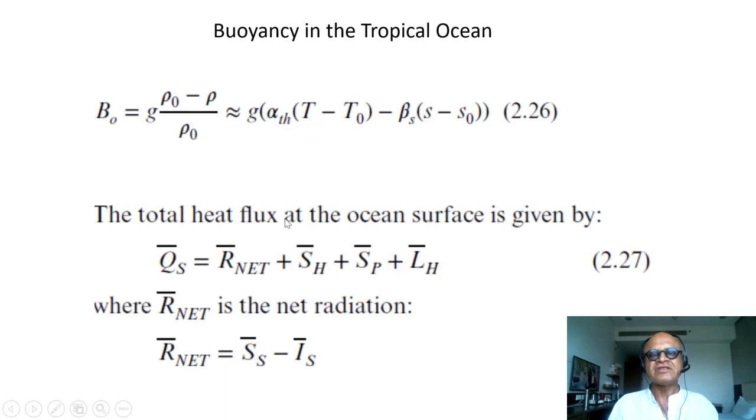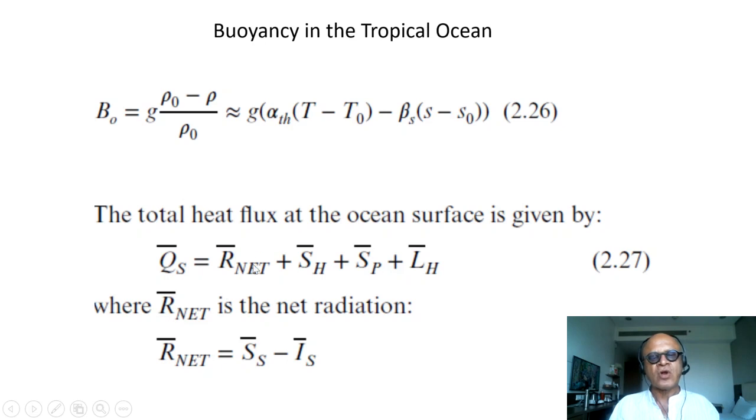The total heat flux at the ocean surface is given by this, where again it's the net radiative forcing, shortwave minus longwave. Sensible heat, and this term of heat added by precipitation is generally a small term, but Peter Webster likes this term. In general, we don't write about it. And then there is the latent heat flux.